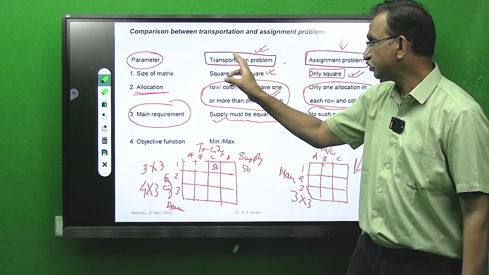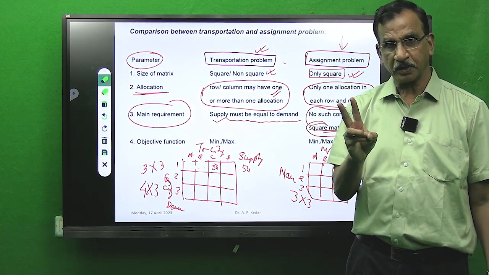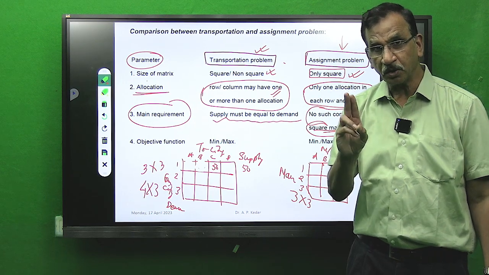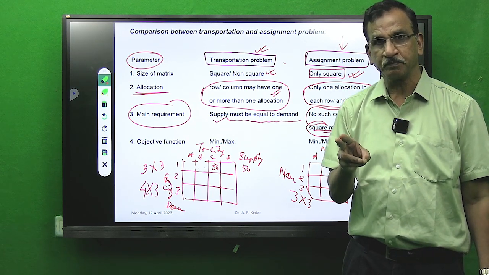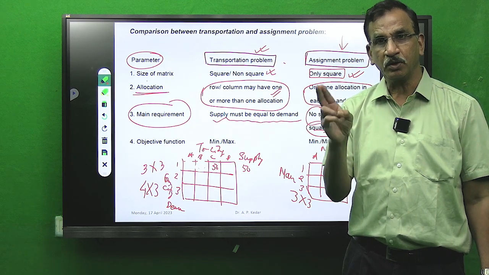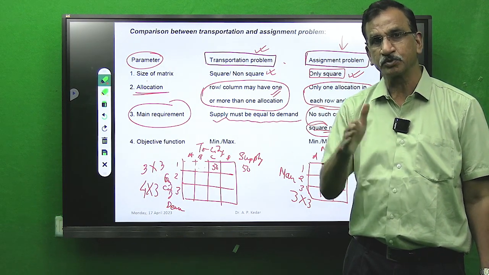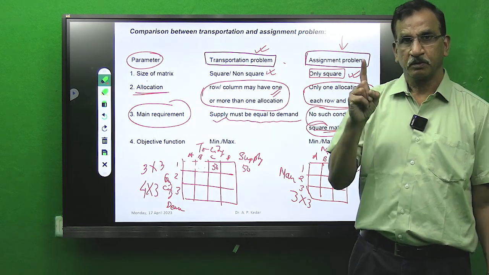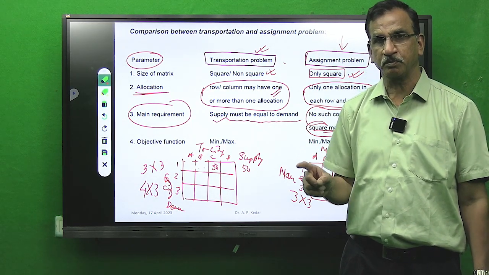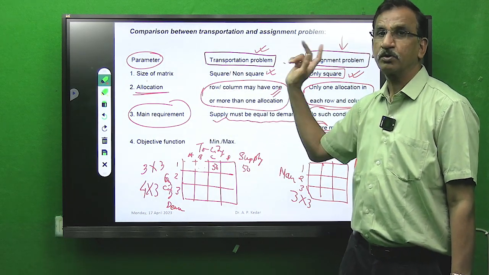Whereas in case of the transportation problem, total supply has to be equal to total demand. If it is not given in the original problem, then you have to add dummy supply or dummy demand, make supply equal to demand, and then proceed for solving. Mind well, when you proceed for solving a transportation problem, it may be square or non-square.